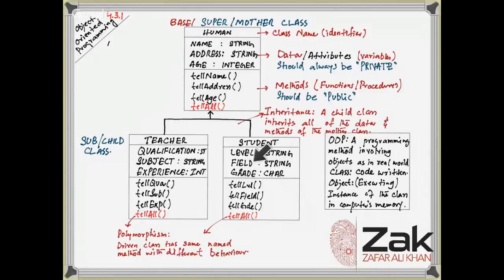So many students will be created from this student class and they will get the job done in one particular program. A class is the code written; an object is an instance of the class in the computer's memory when the class code is being executed.